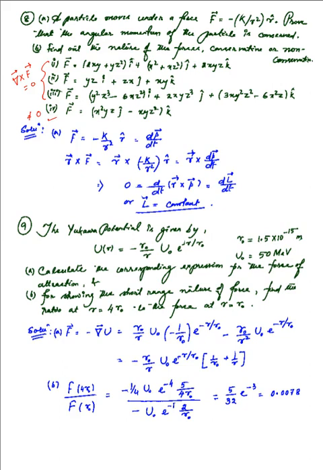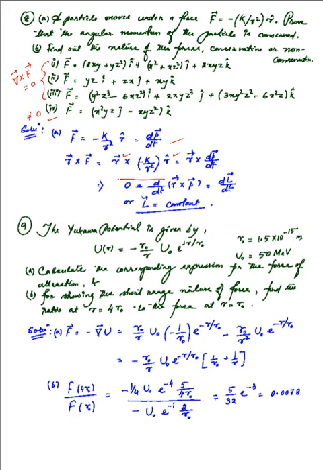As far as bit A is concerned, I have done that explicitly over here. r cross F is going to give me the torque, and F, as you know, is the rate of change of momentum. This is Newton's second law. r cross F is the cross product of these two: you have an r hat, a unit vector, and an r vector. Now r cross r is definitely going to give us 0.